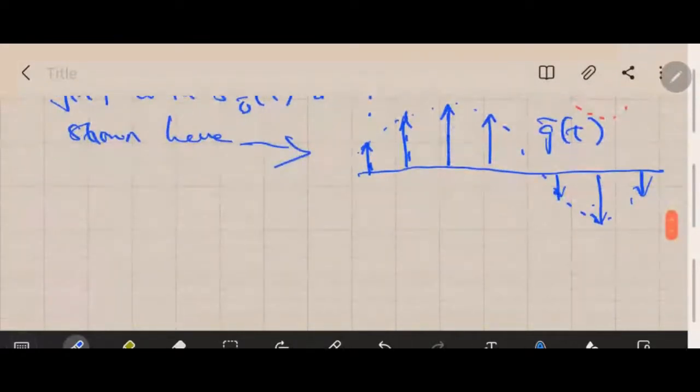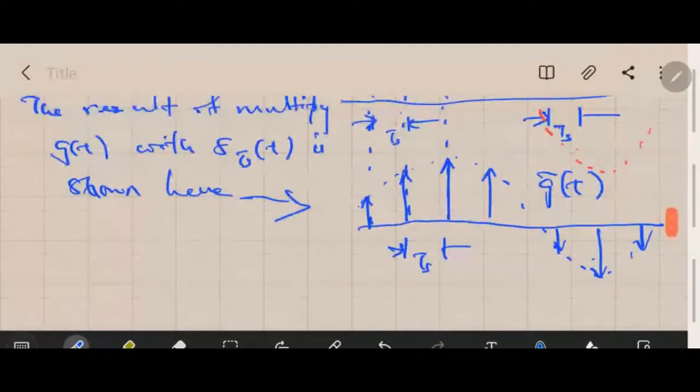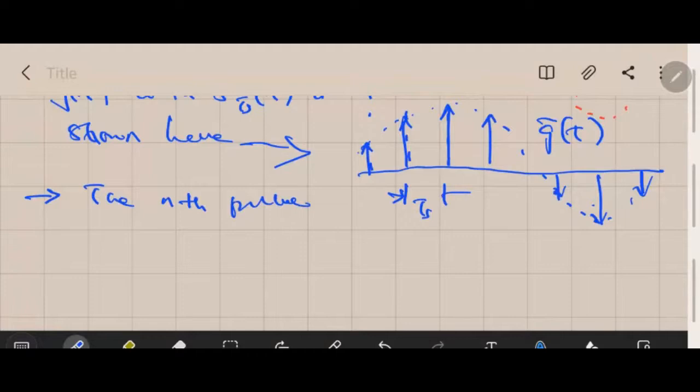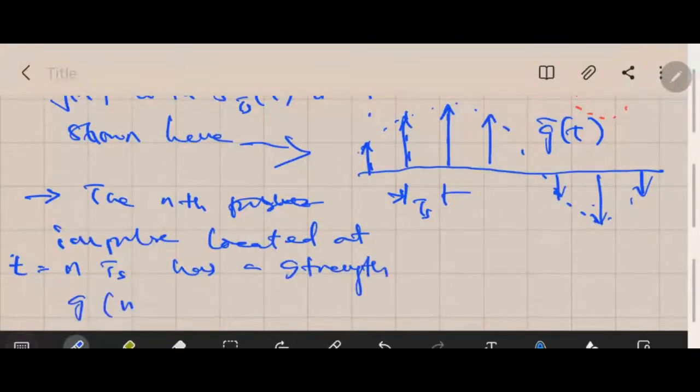One thing that you should note is that the distance is still ts, whereas the amplitude has changed. The distance between the impulses is still ts, but the amplitude has changed according to g of t. The nth impulse, which is located at t is equal to nts, has a strength of g of nts.